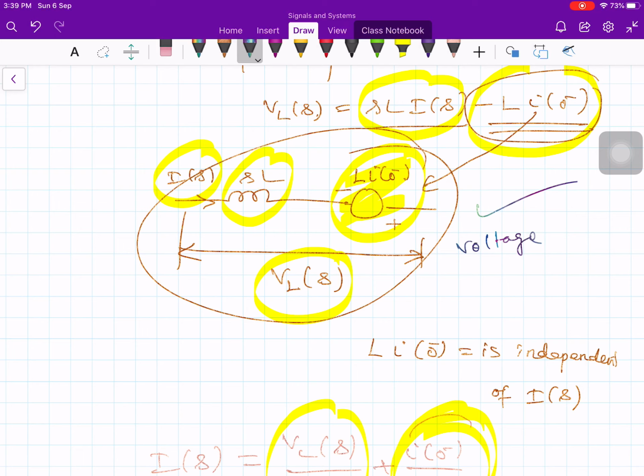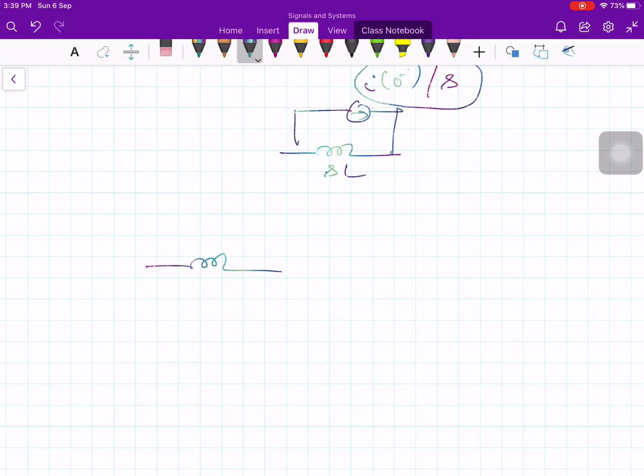The important thing to keep in mind is that the terminals of the inductor in the actual circuit are A and B. In the time domain, this is A and B. But in the transform domain, the terminals are the same terminals, but you have a voltage source here.